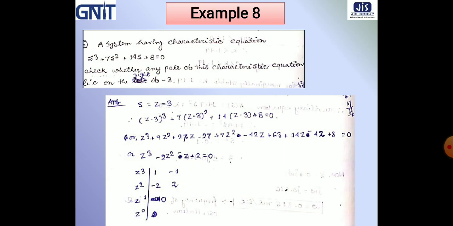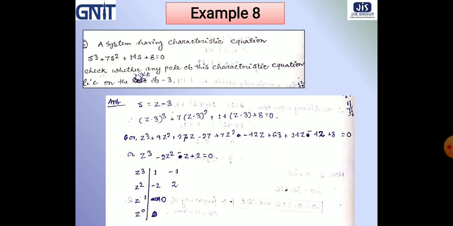That means again we have to shift the s-plane from origin to minus 3. So just put s is equal to z minus 3. In place of s, you have to put z minus 3. So the equation becomes z minus 3 whole cube plus 7 into z minus 3 whole square plus 14 into z minus 3 plus 8 is equal to 0.